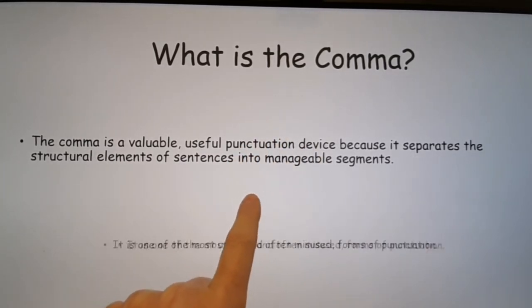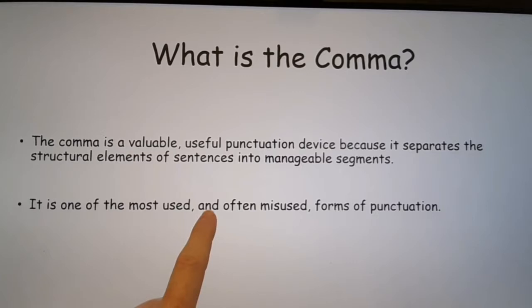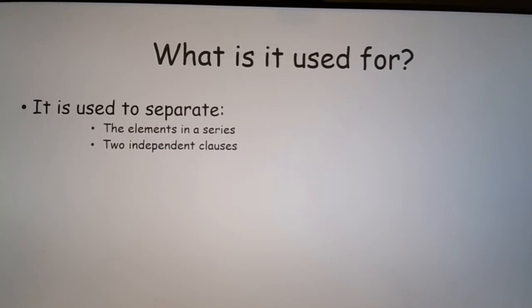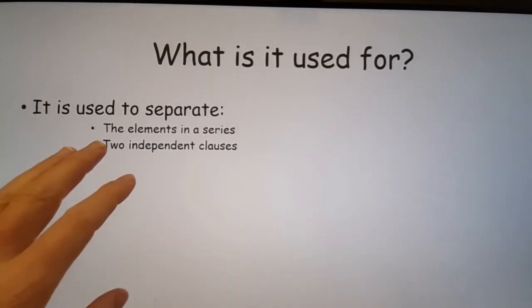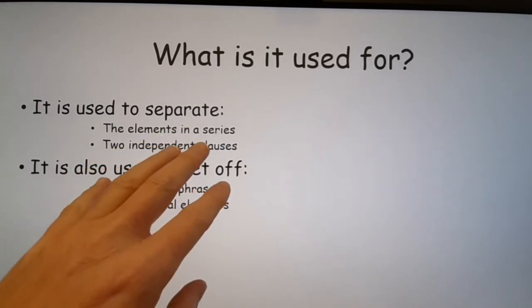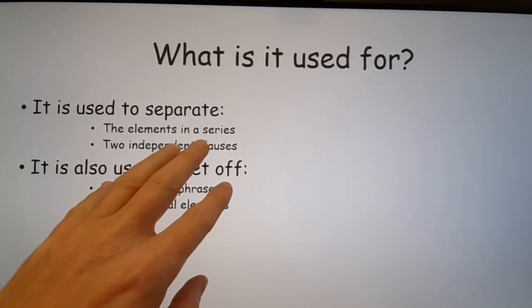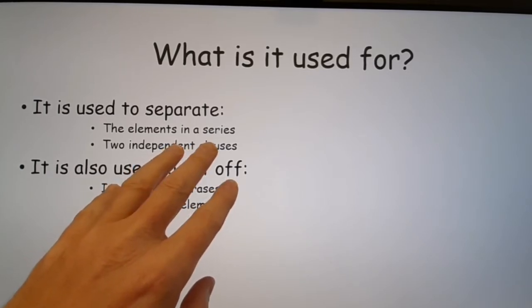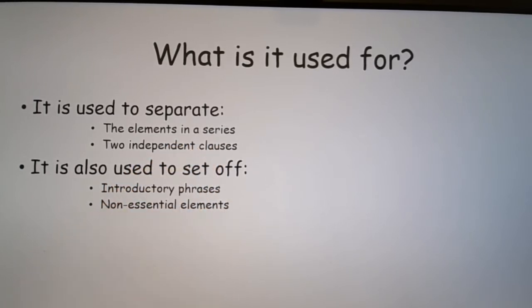It's one of the most used or often misused forms of punctuation. Why do we use it? As I said, it separates elements in a series. My three favorite things: eating, comma, my family, comma, and using commas.